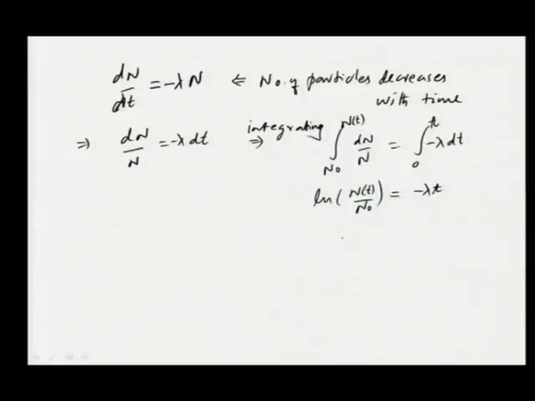So, now you take the exponential on both sides, exponentiate this. The exponent of log is whatever that quantity is, so N_t by N_0 is equal to exponential minus lambda t, or you can write N_t equal to N_0 times e power minus lambda t.